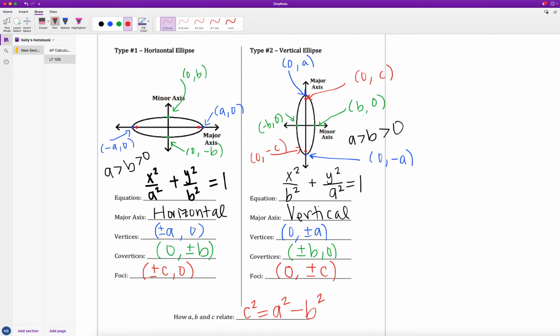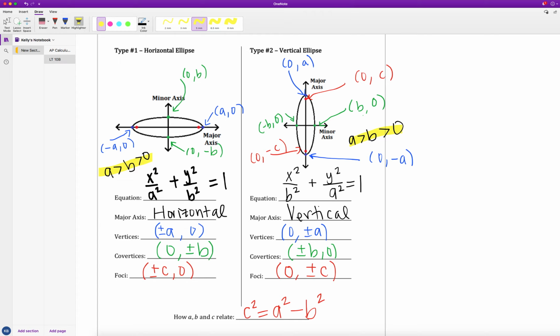So I want to point out some similarities that they both have. In both cases, I have this fact to be true, that a is bigger than b is bigger than 0. So that is true for either case. If you notice in the equation, the only thing that flip-flopped is where the a squared and the b squared go. So for each of these, the a squared, since it's the bigger number, is always going to divide the variable that it is stretching further in.